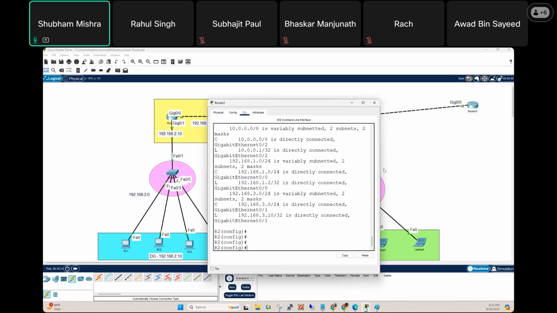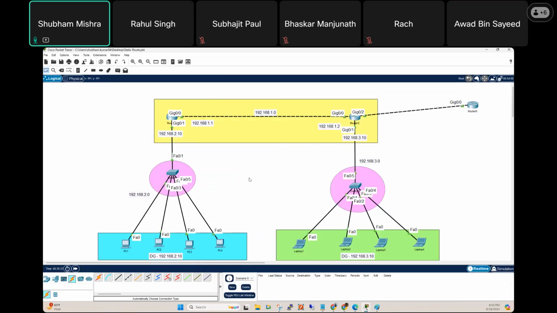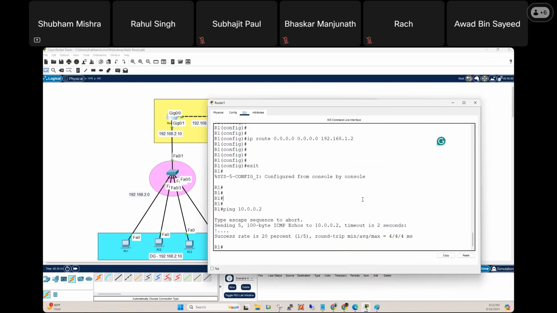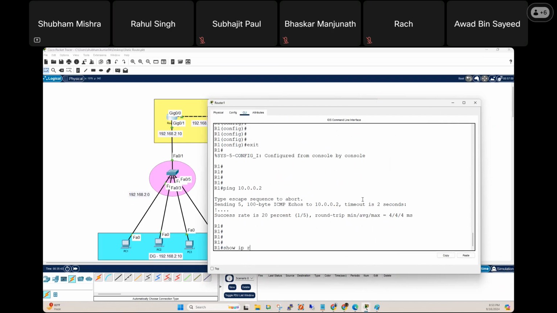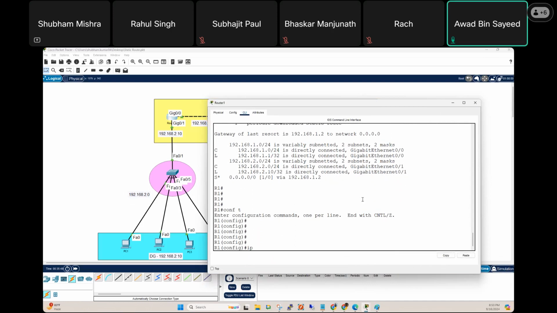See, is there any route now? No static route is there. One default route is there right now?